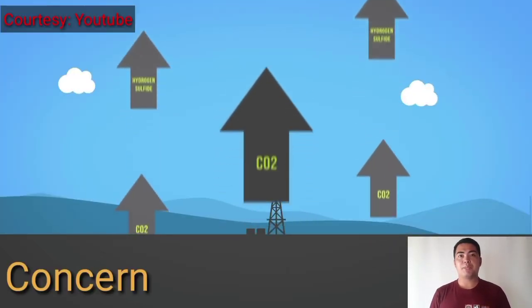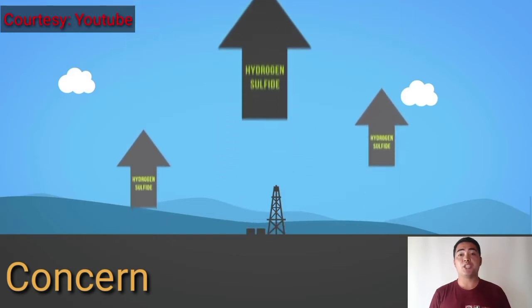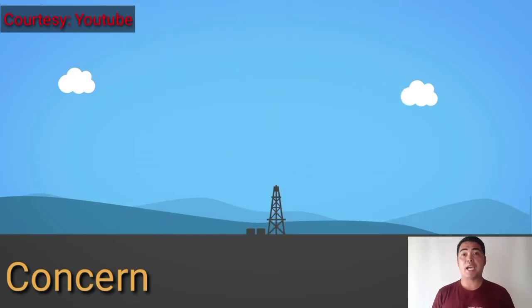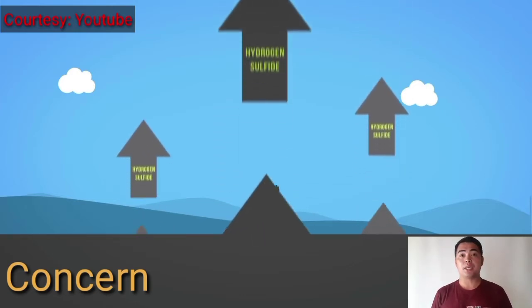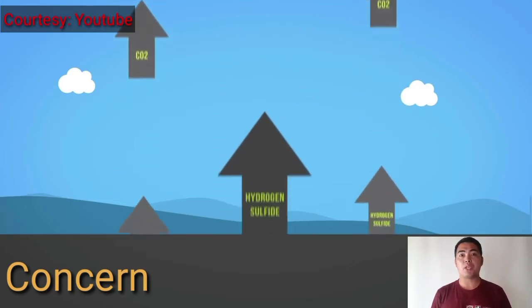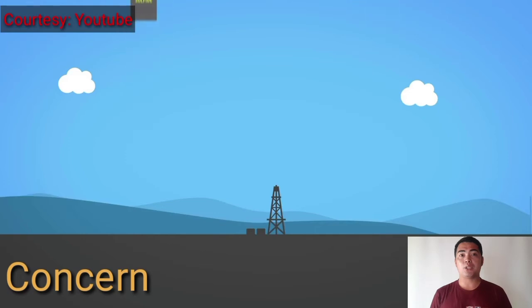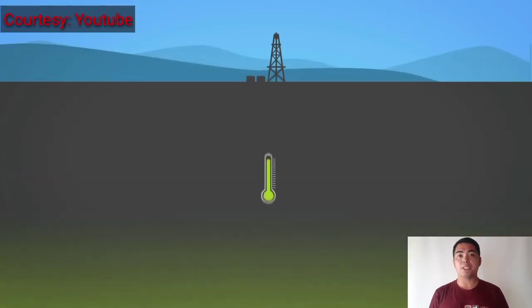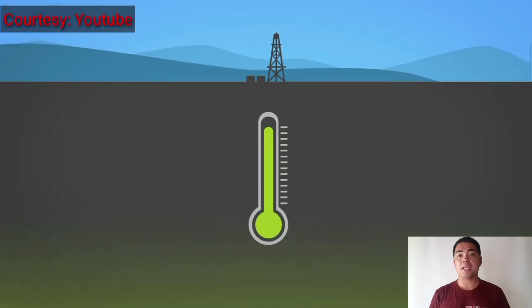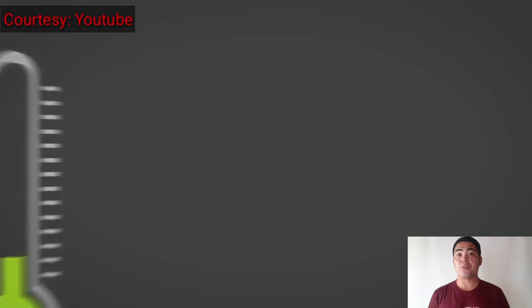Concerns of geothermal include accidental release of carbon dioxide and hydrogen sulfide emissions stored in the earth's groundwater that is often used to carry geothermal heat to the earth's surface. Additionally, drawing heat from the earth's crust can, if done irresponsibly, lower the ground temperature below the surface.